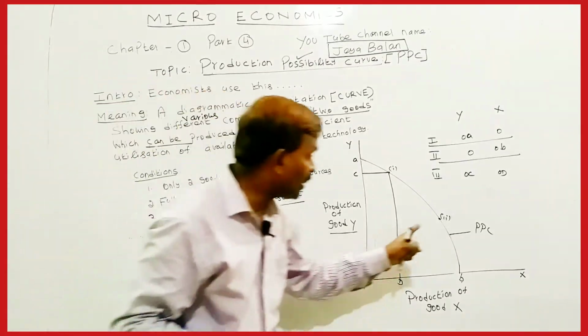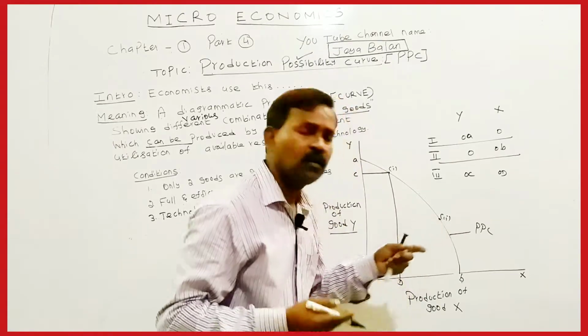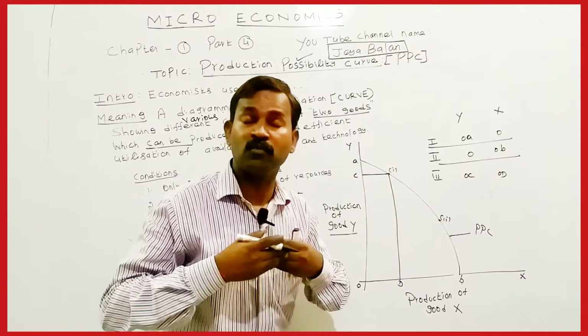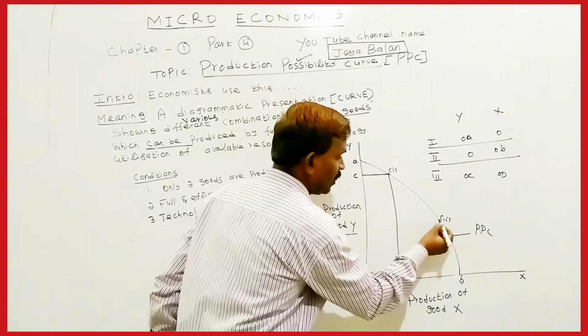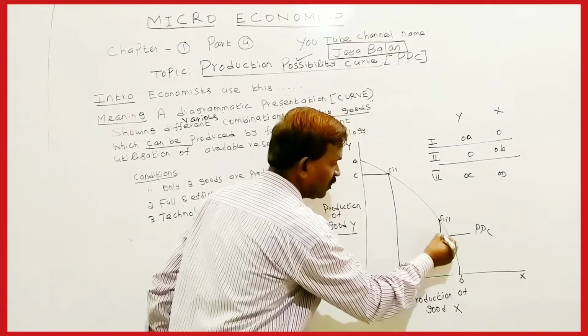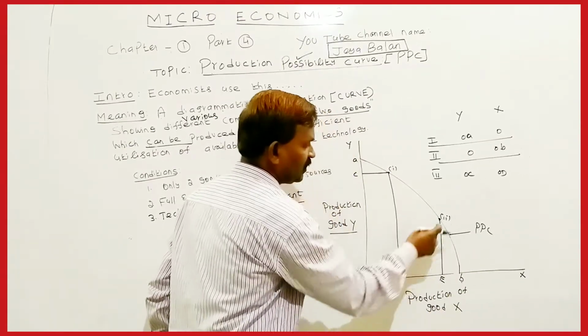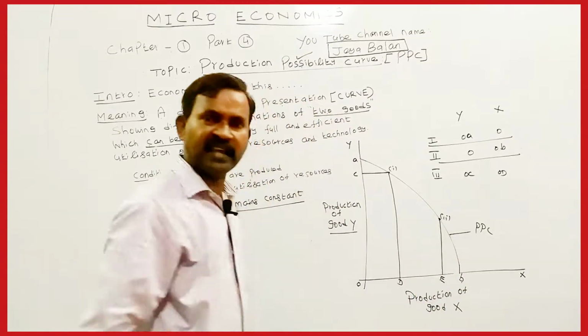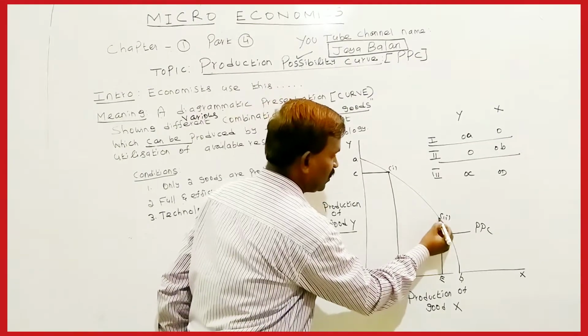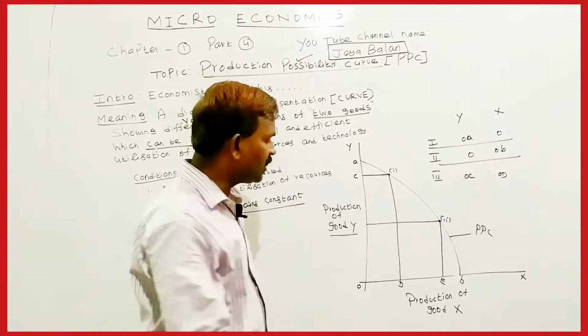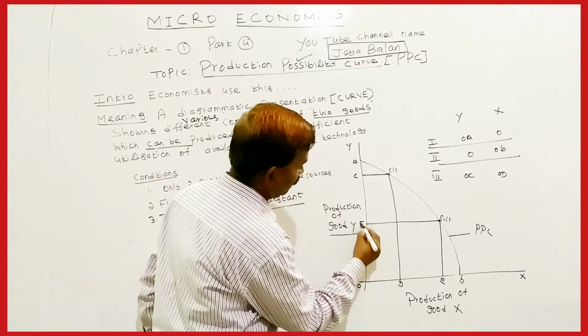So at this point on the PPC, how to measure the number of units of good X and the number of units of good Y produced? It's so simple, as I told you earlier. From here, draw one vertical line, name it as E. The line should be drawn till it touches the x-axis. Then draw one horizontal line till it touches the y-axis and give a different name, F.